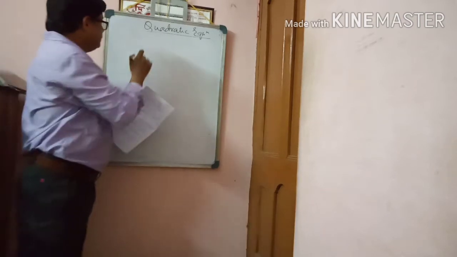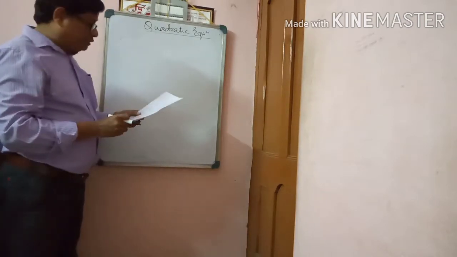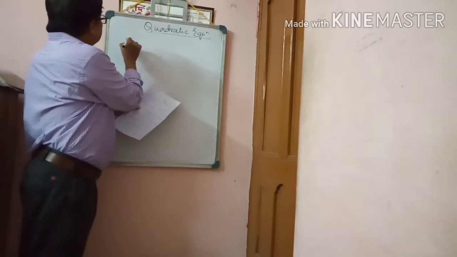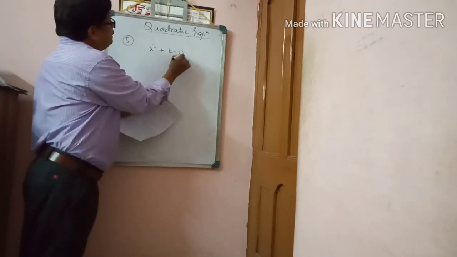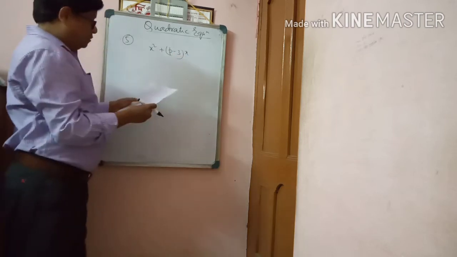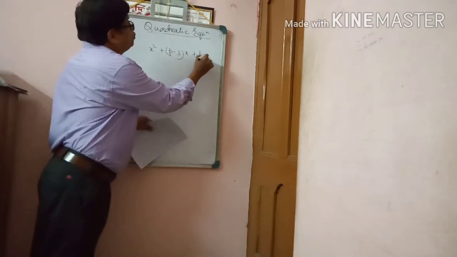Find the value of p so that the equation, question number 5: x square plus (p minus 3) x plus p equal to 0.